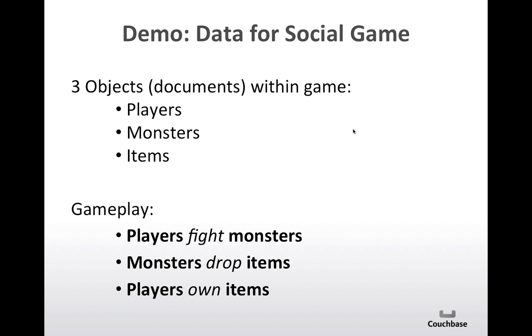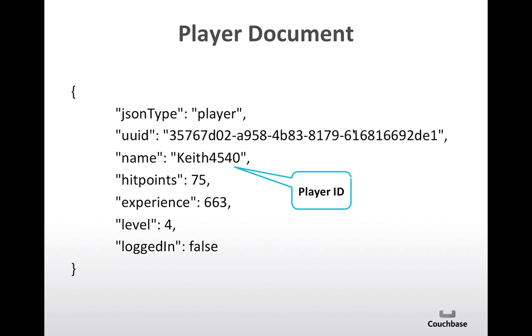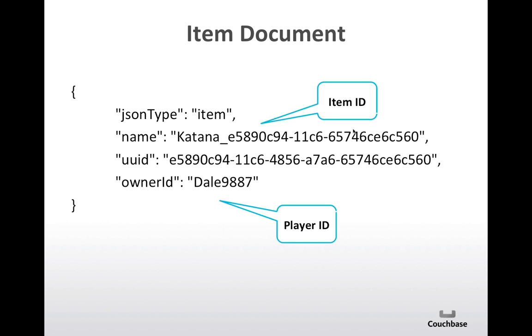In terms of document modeling, the player document looks like this. We have an ID, the name of the player, and a few other attributes. This is how we model the document in JSON. We have the JSON type, ID, and other attributes. Similarly, we have the items document, which has an ID and also a reference to the owner ID, who owns this item.